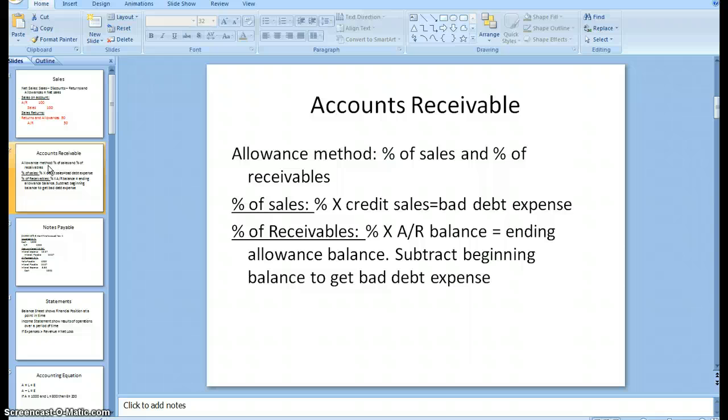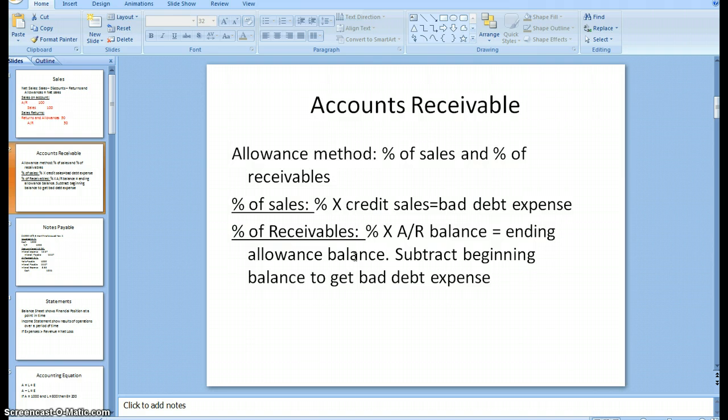There's 2 methods to calculate bad debt expense in the allowance method. One is the percent of sales method, one is the percent of receivables method. The percent of sales method, you take your percentage, multiply it by your credit sales, and that equals your bad debt expense. In the percent of receivables method, you're going to take a percent times your accounts receivable balance. That's going to give you the ending allowance balance.